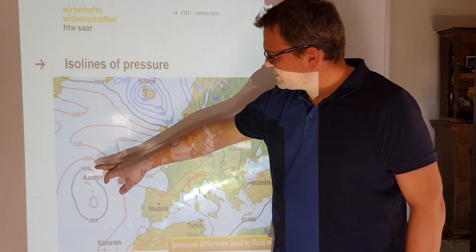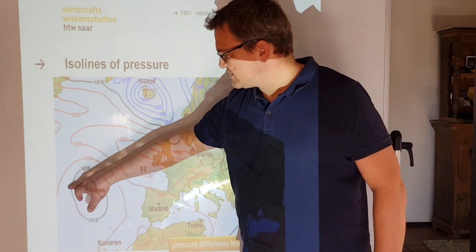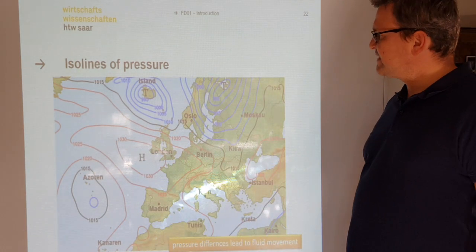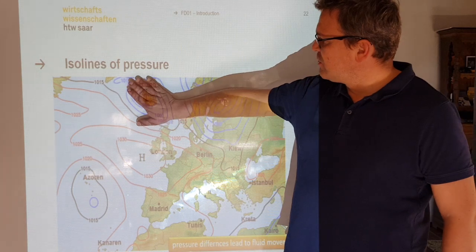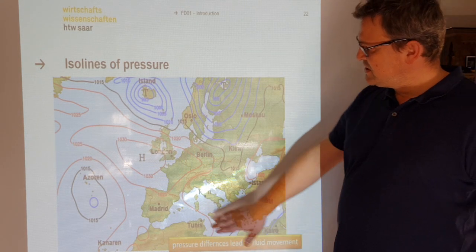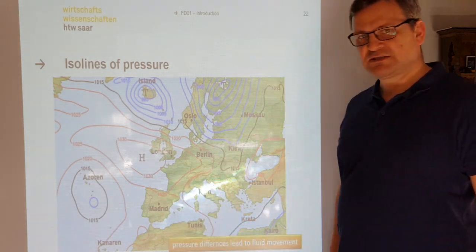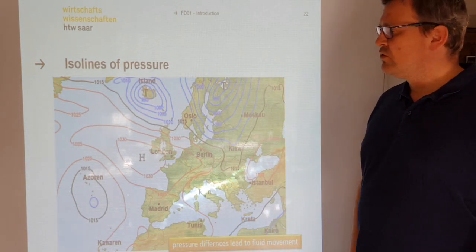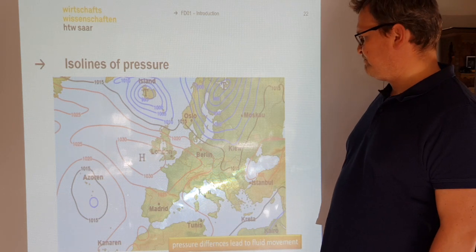On this line we have everywhere the same pressure. Also, it really often happens that we have low pressure here in Iceland. So you see high pressure at the Azores and really low pressure at Iceland.